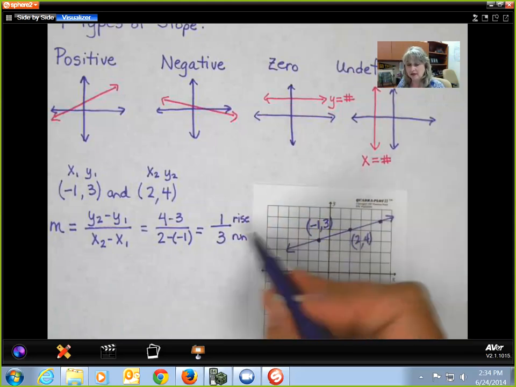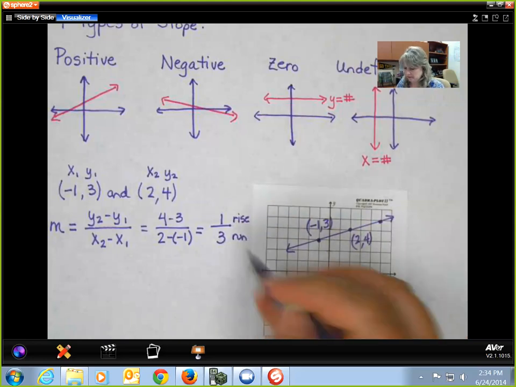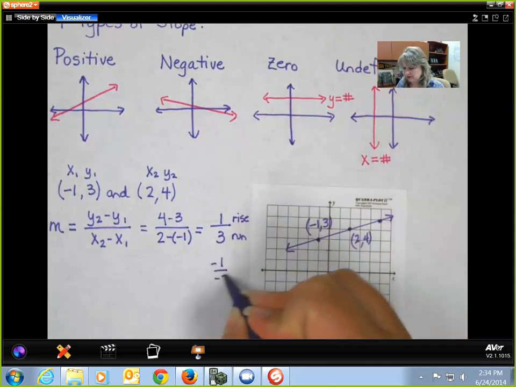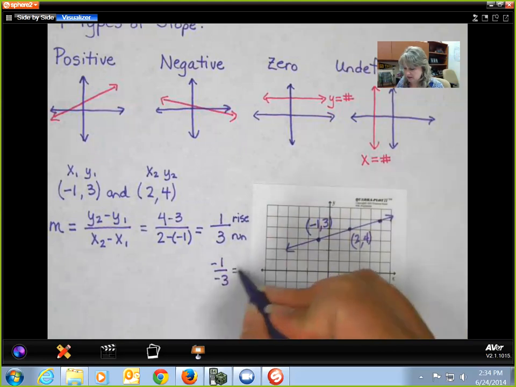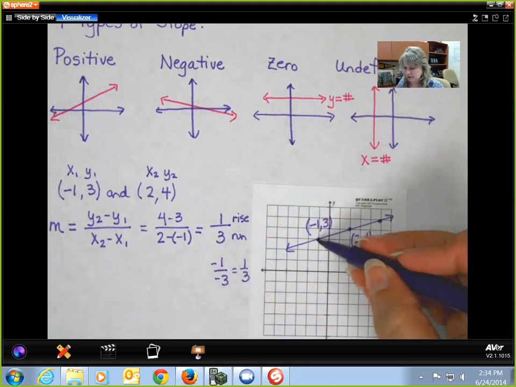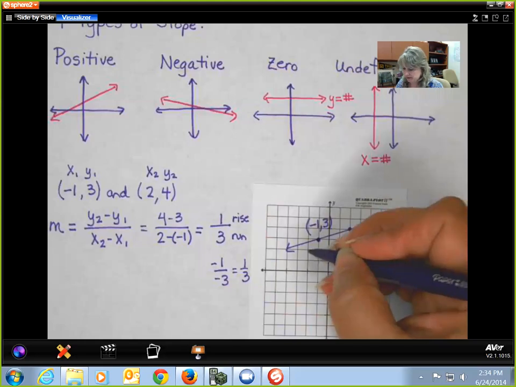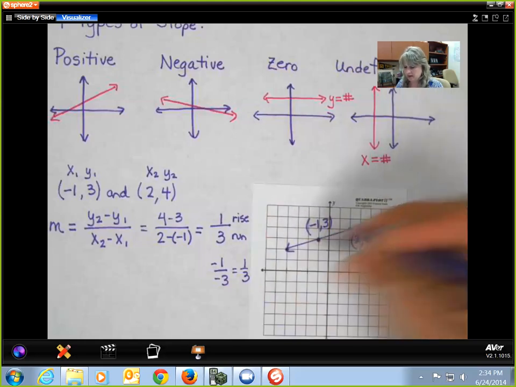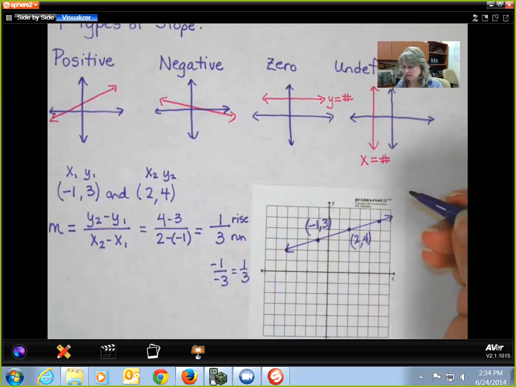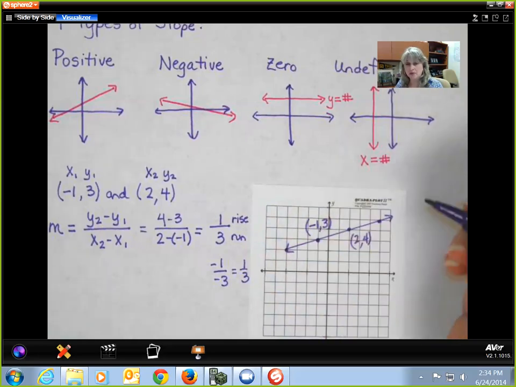Or I could even think of that as -1 over -3, because -1 over -3 also is 1/3. But if I use my slope as -1, that means I'm going to go down 1, and then left 3. See, I've got another point on there. So rise over run, down 1, left 3, and gives me another point on the line. Okay, so that's our slope.